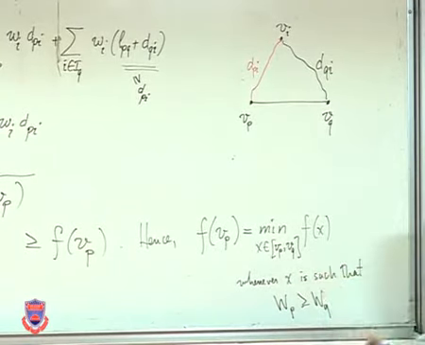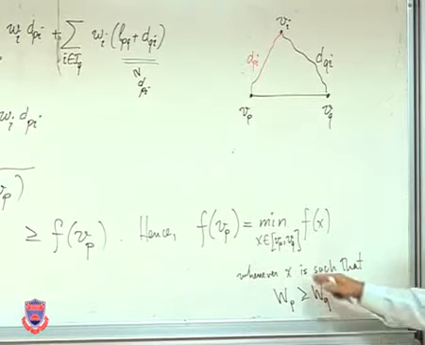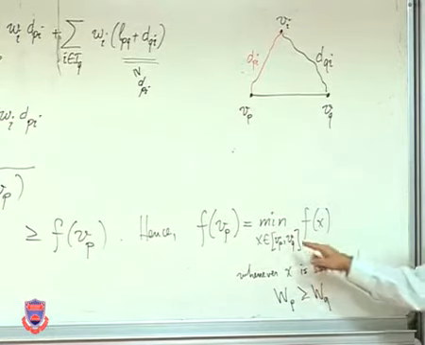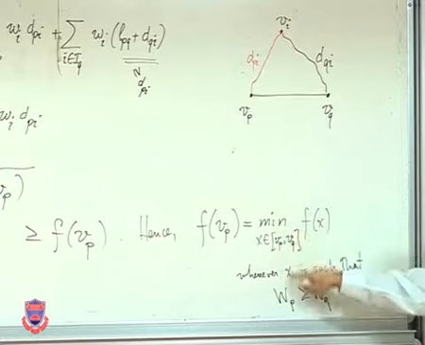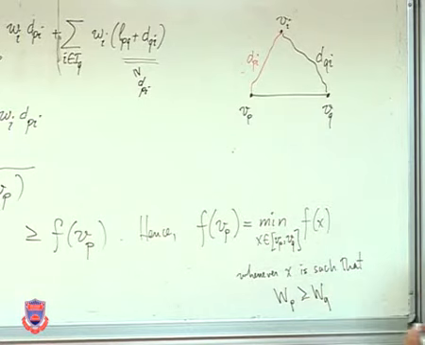This is true whenever you're minimizing over x's in this interval for which WP is greater than or equal to WQ.